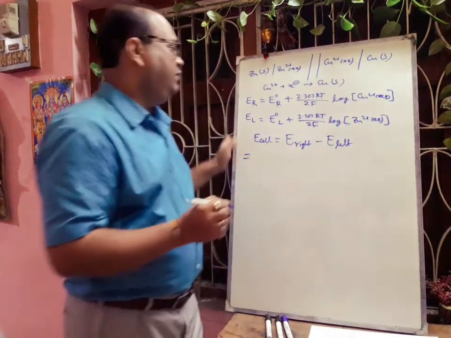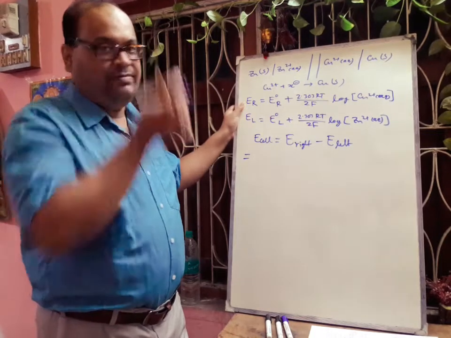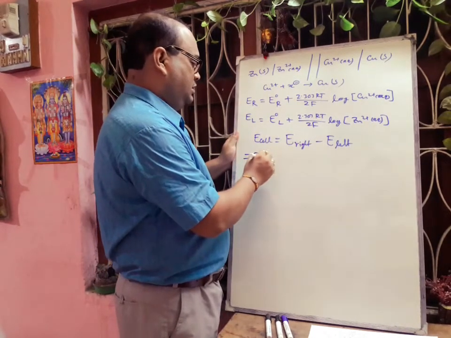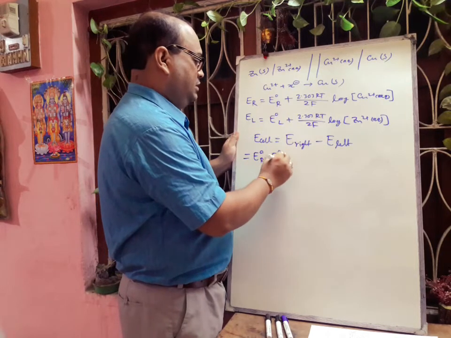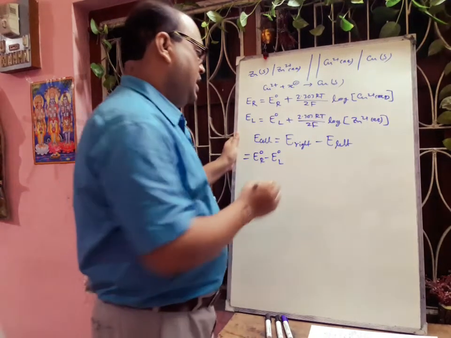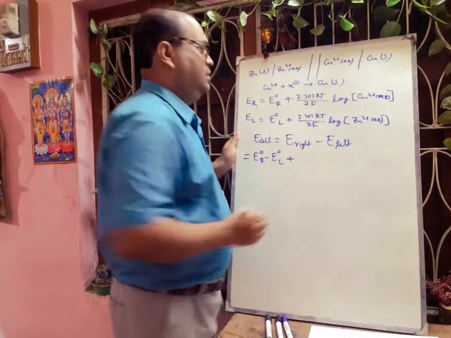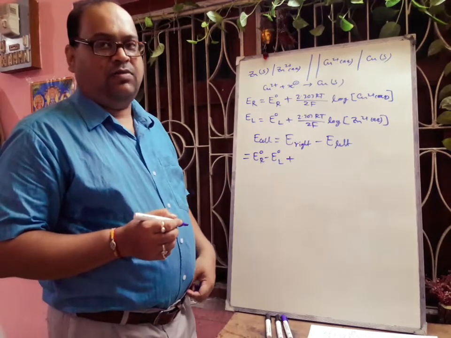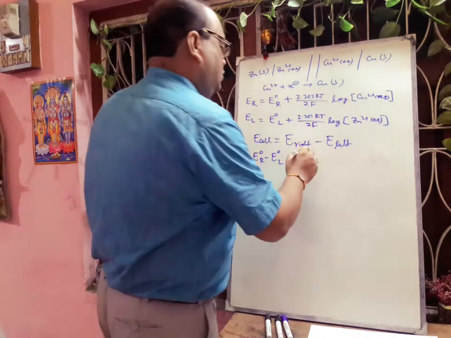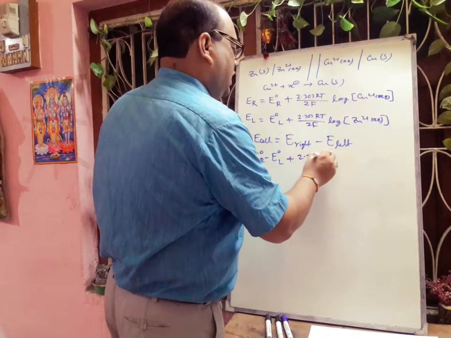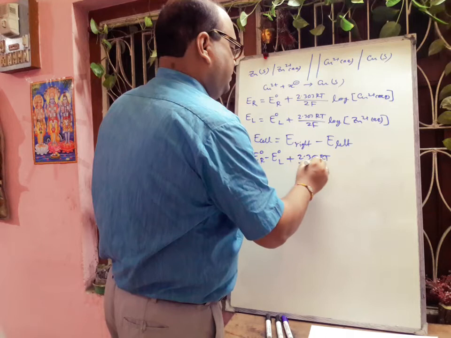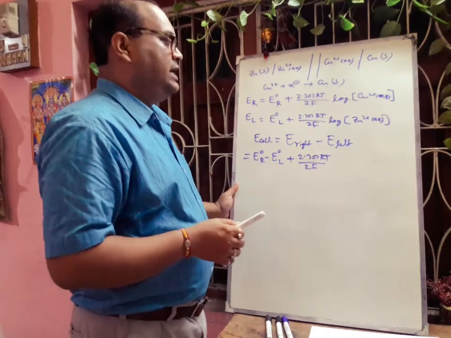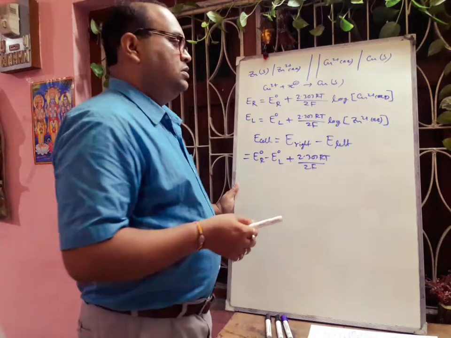So from here we can write E0_R minus E0_L plus 2.303 RT by 2F, this is common, then log Cu2+ minus log Zn2+.